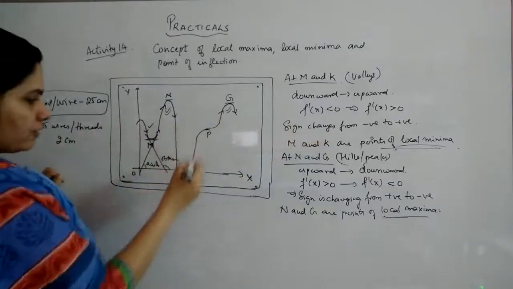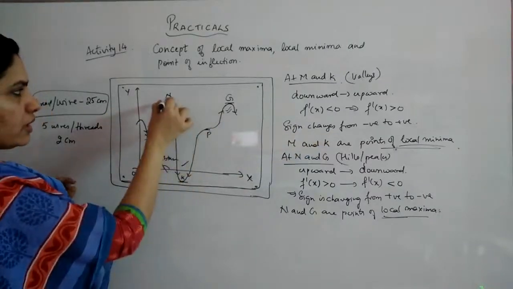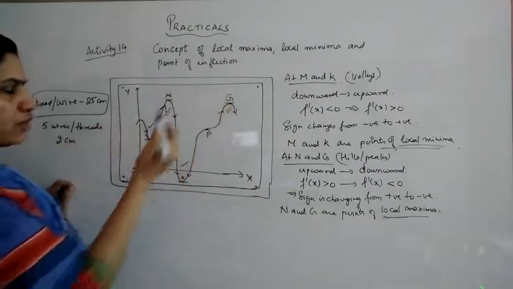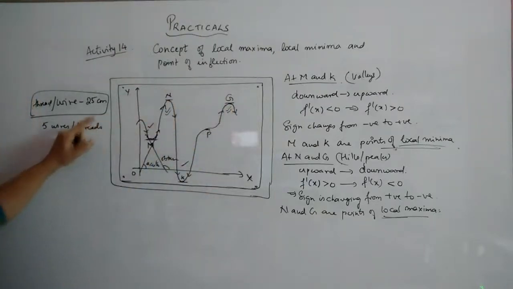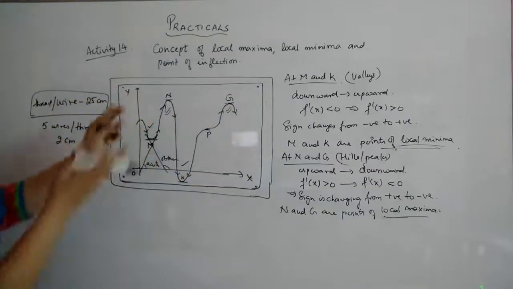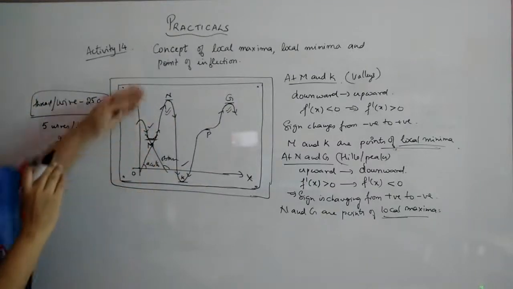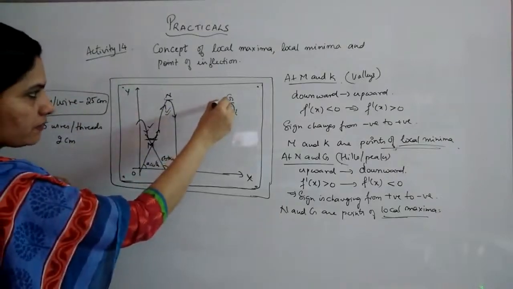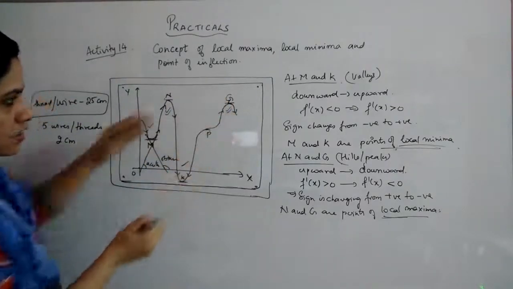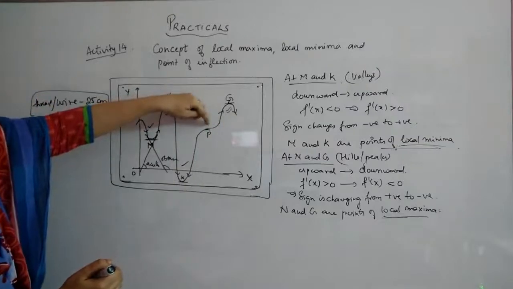Now for N or for G, when you draw the acute and obtuse angles, it will be opposite. Here when you draw, it is an acute angle. I will show here. If I take it like this, it will touch the curve also, that's why we are not showing it.